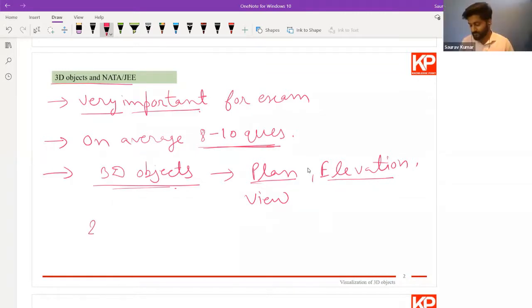Then we'll also see about having some 2D view, and then we need to convert it into 3D. Or it can also be vice versa. So any kind of questions could be there. So this was the overview of the topic that we will study and its importance as per these 2 exams.